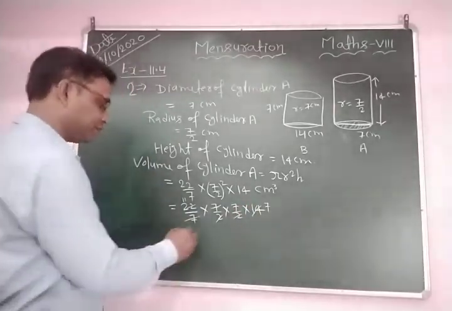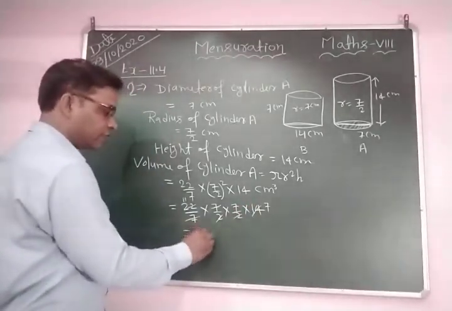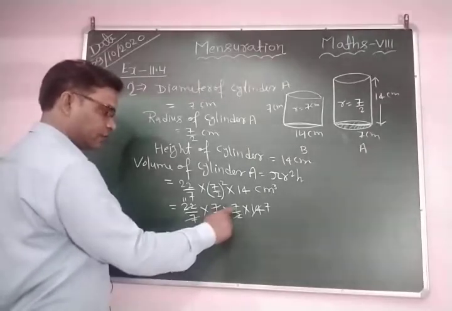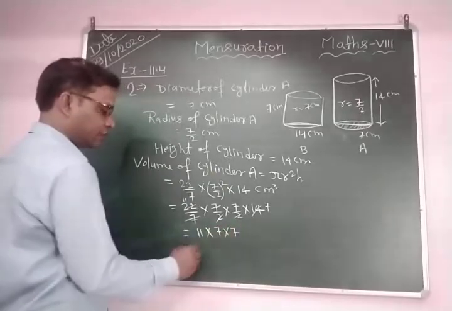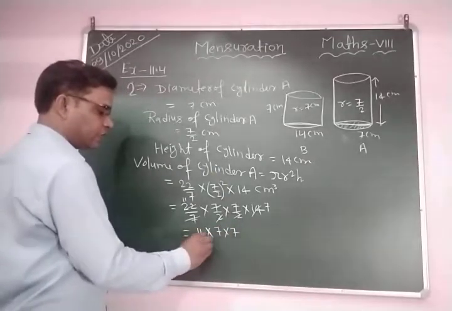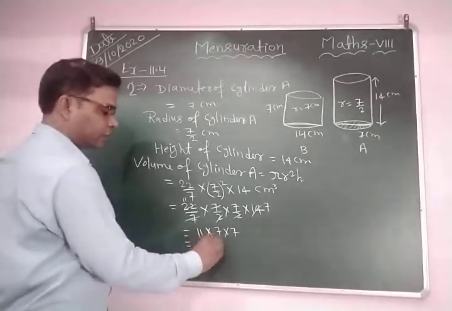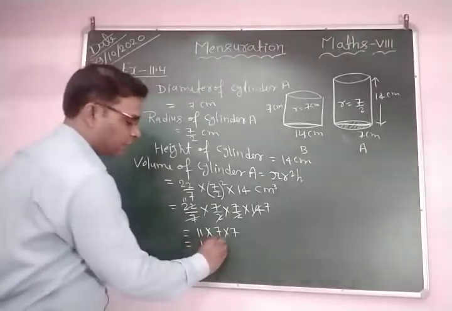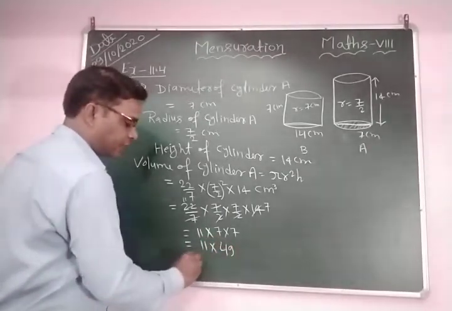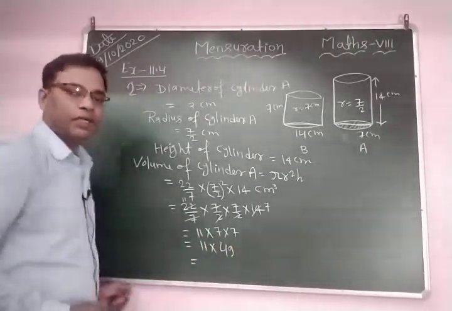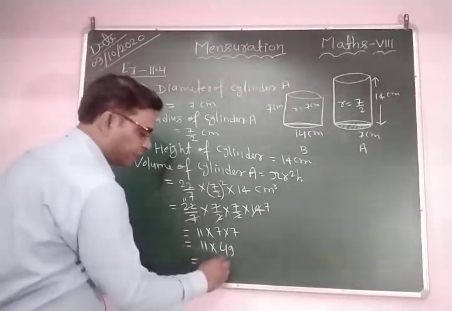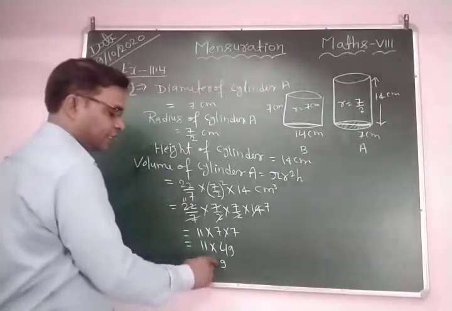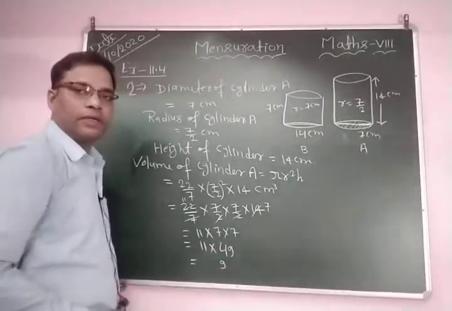So we have only 11 into 7 into 7. 7 into 7 is 49, and again 11 into 49. 11 times 9 is 99, carry 9, and 11 times 4 is 44.